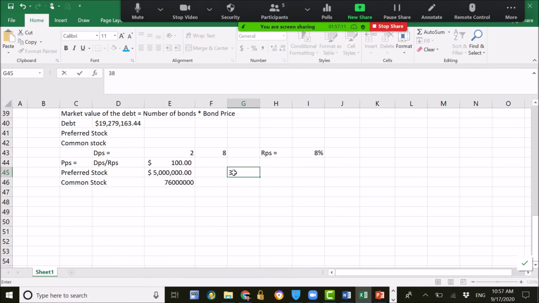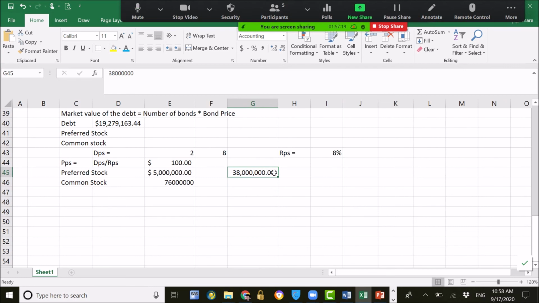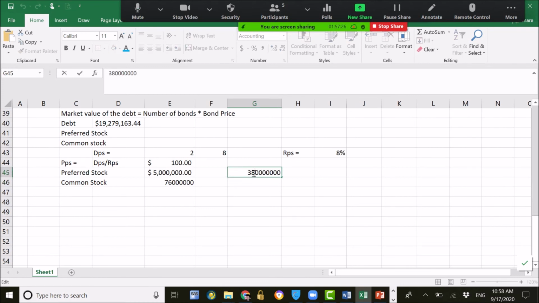I think that's 3.8 million. 3.8 million times $20, right? So that's $76 million.